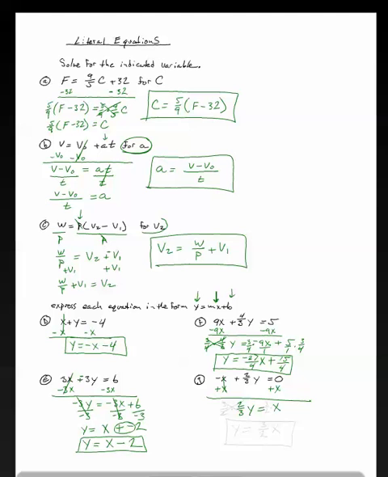So I'm going to write x. And then to get rid of this multiplication of 2/3, once again I'm going to multiply by the reciprocal. So the 3's cancel, the 2's cancel, and I have y equals 3 halves x.